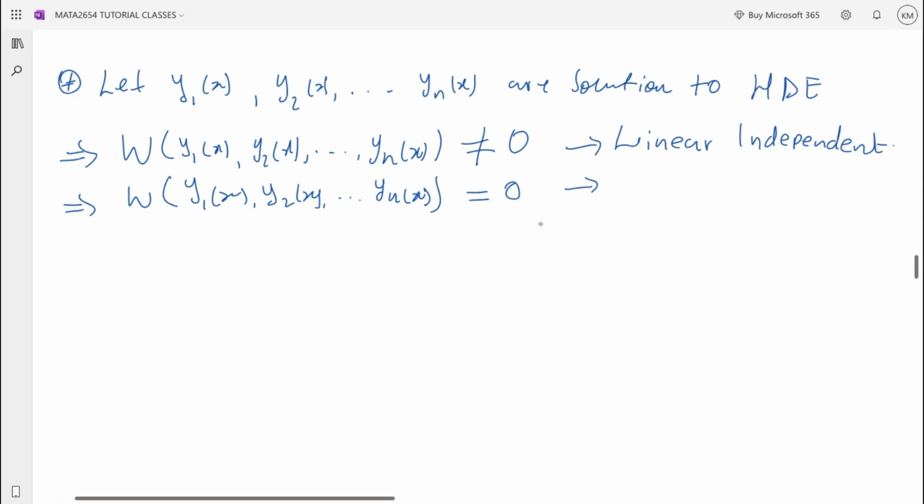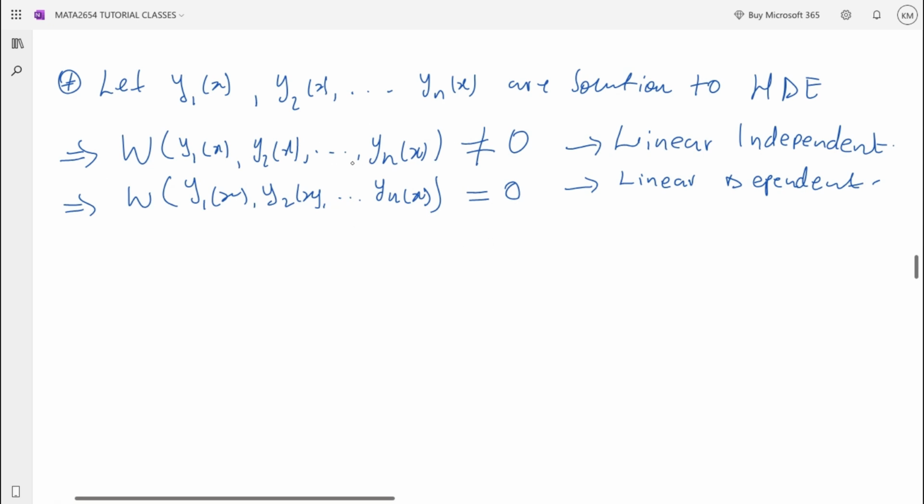Anyone willing to try? Then they are going to be linearly dependent. Yes, that is correct. They are linearly dependent. Okay, so that is the whole idea. So keep this in mind.